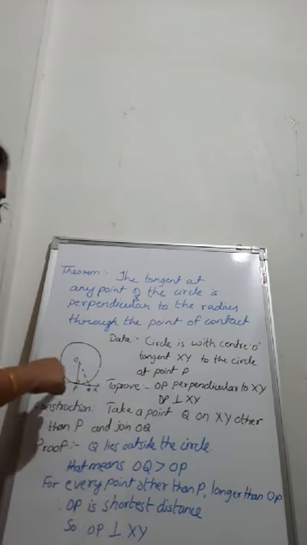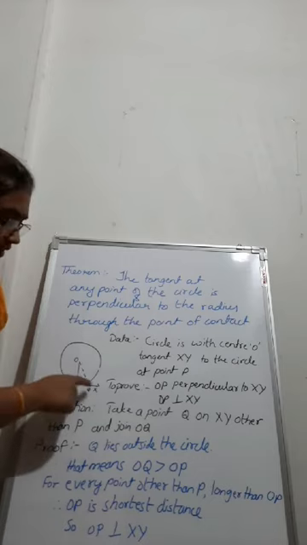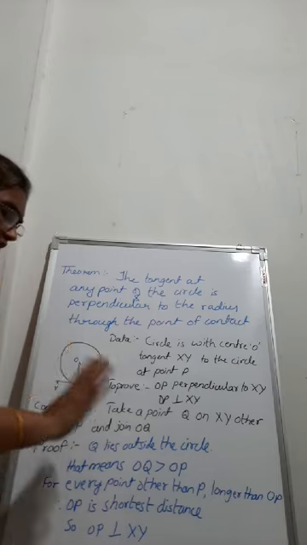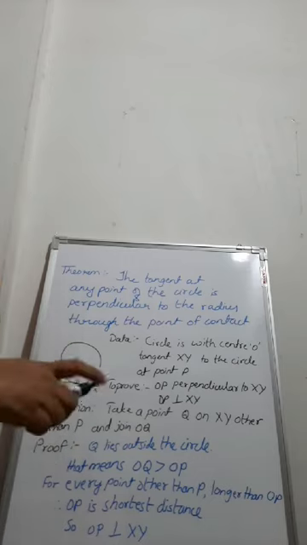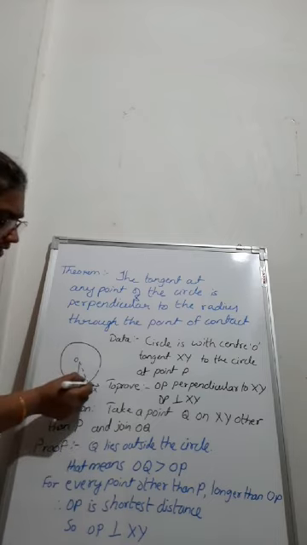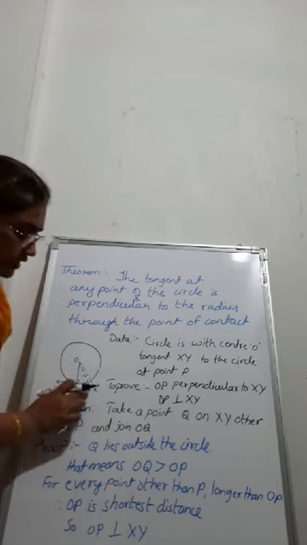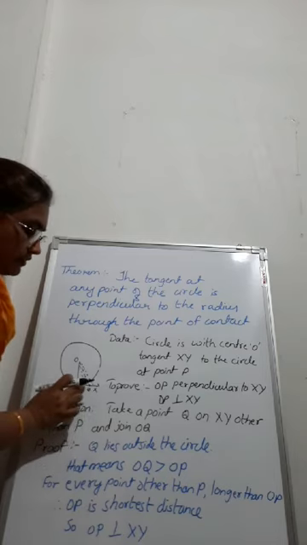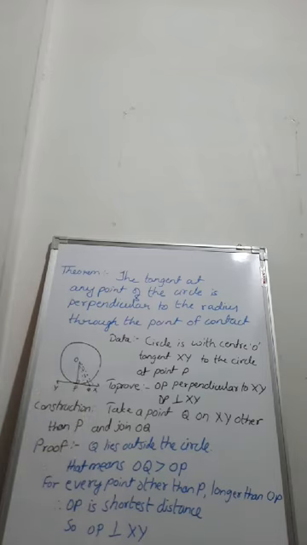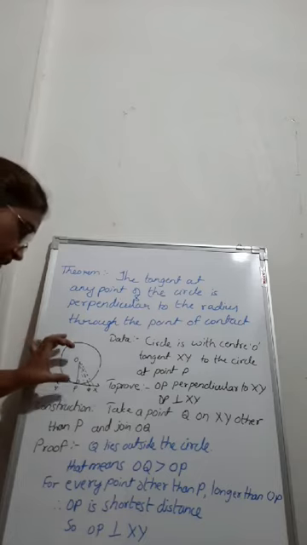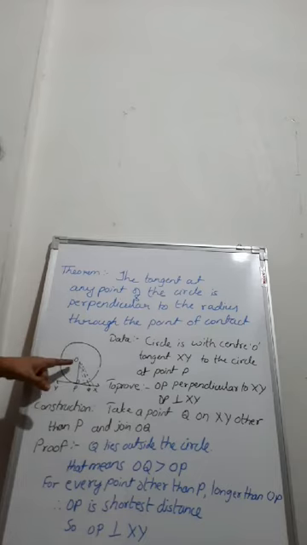And if we take any point other than P, then all the lines will be greater than OP. If I take here, then also. If I take here, then also. So when we take Q apart from the P, it will be longer than the OP. Therefore, the shortest distance here is OP.